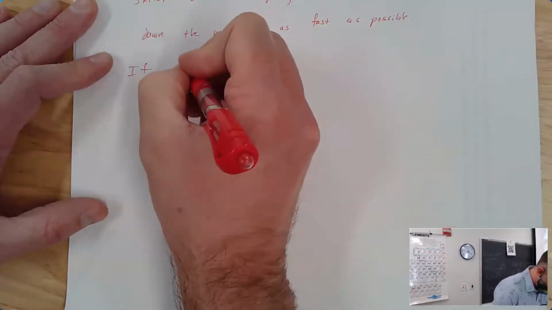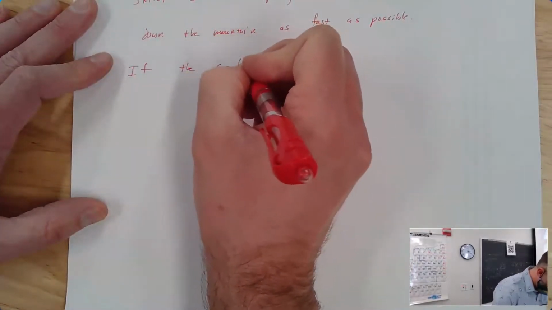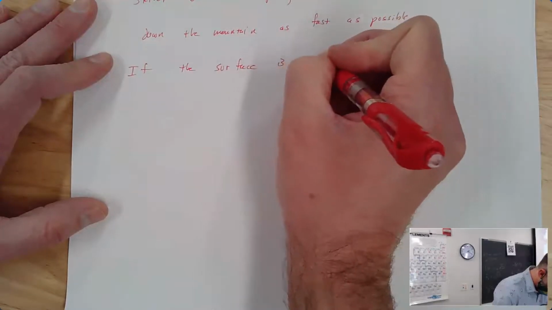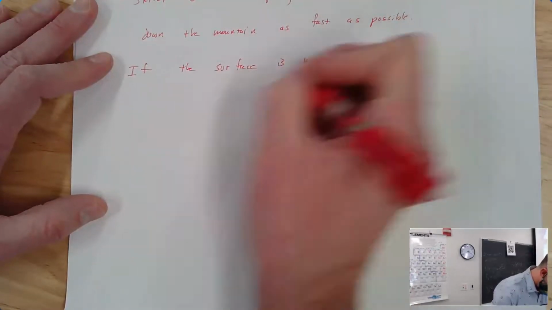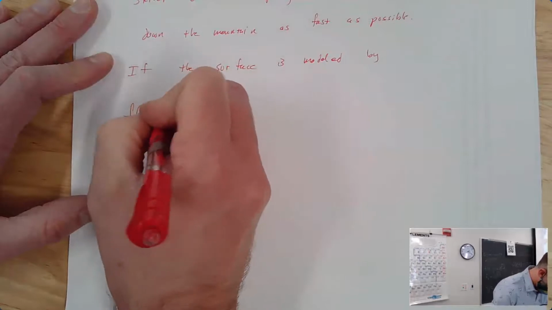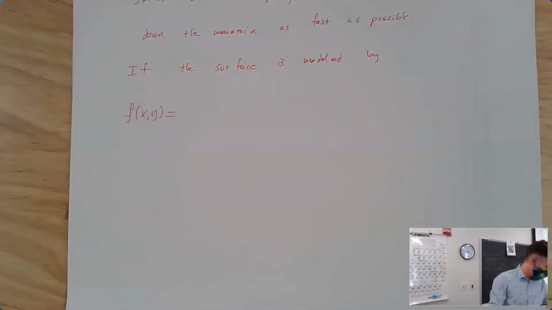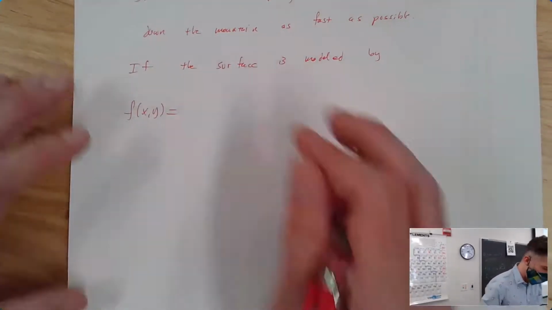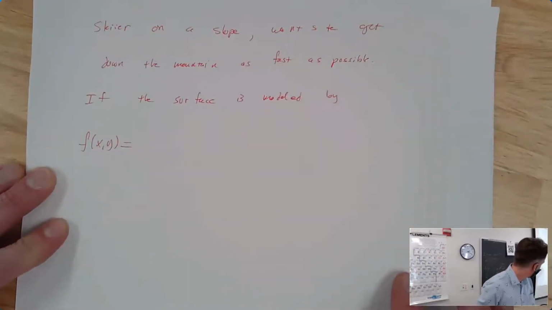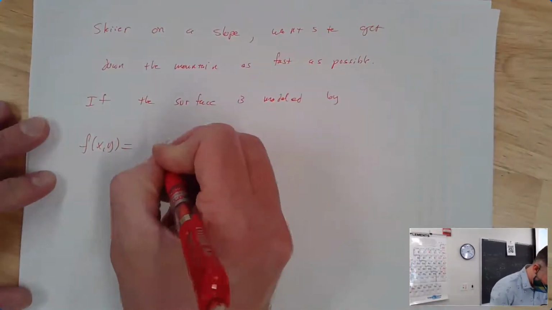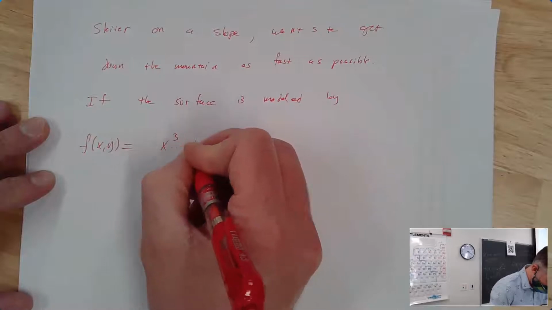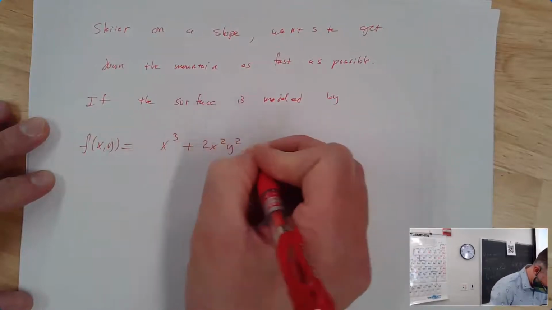If the surface is modeled by f of x, y equal to, let me put something out that's not too terrible, x cubed plus 2x squared y squared minus y cubed.